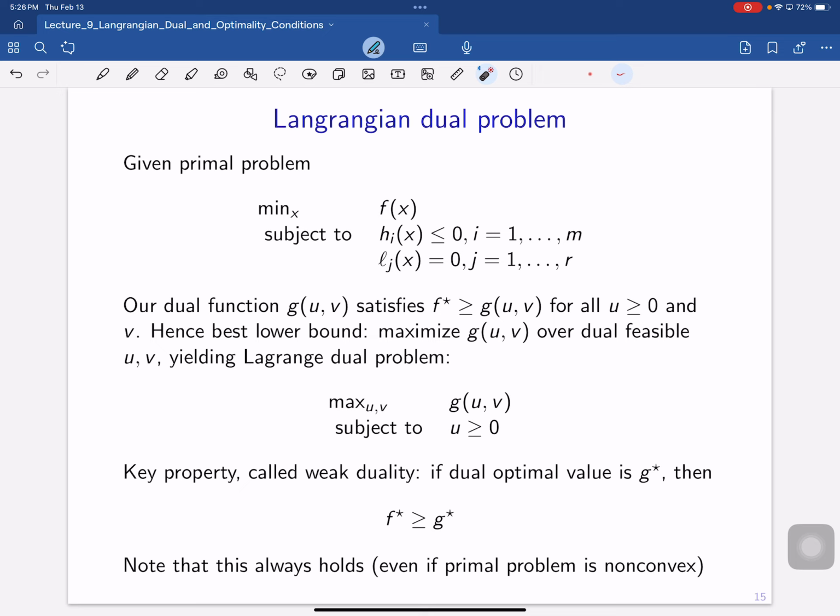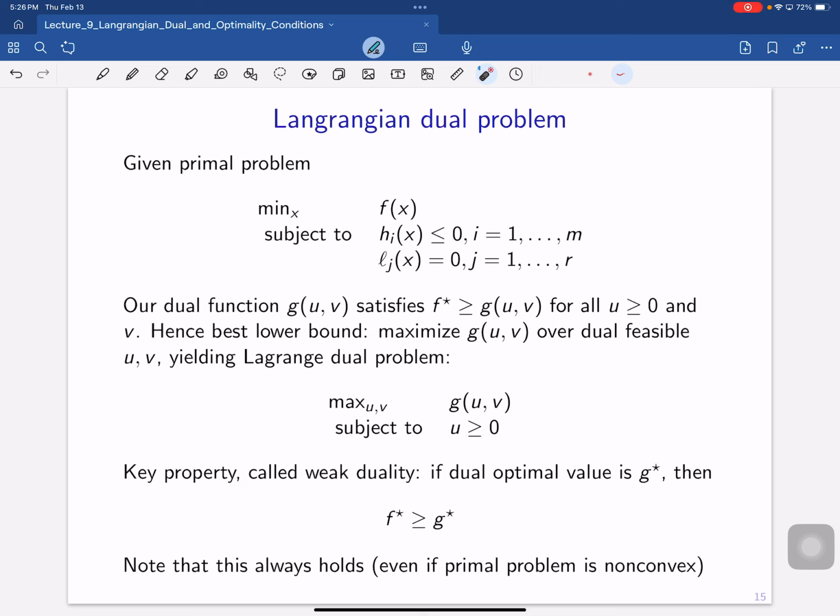Now, let's assume the dual optimal value is G star, right? In linear programs, we know that under some conditions strong duality holds, and weak duality holds very easily, right? So the question is, does weak duality hold for general nonlinear problems, even if the primal problem is non-convex?